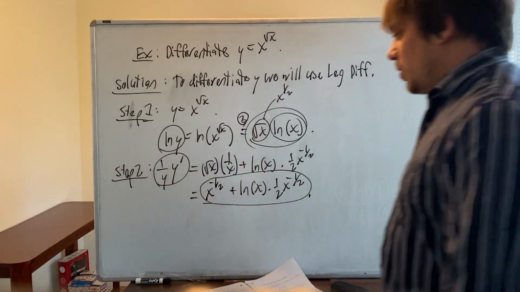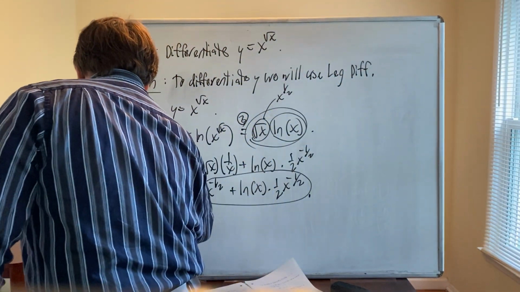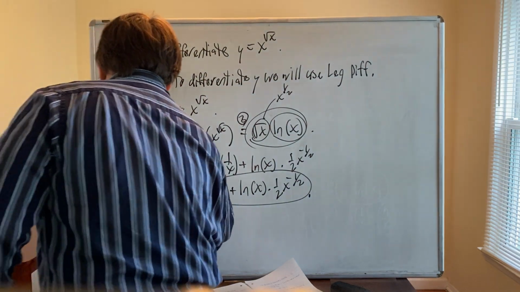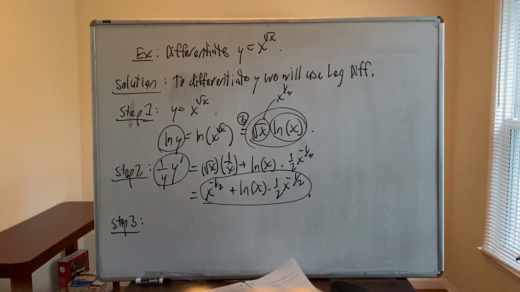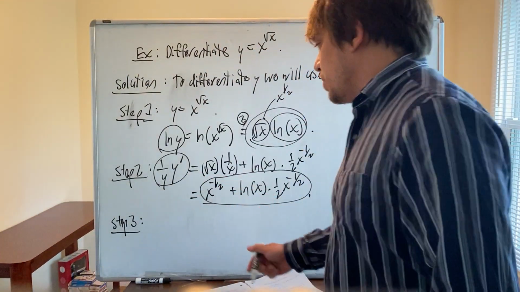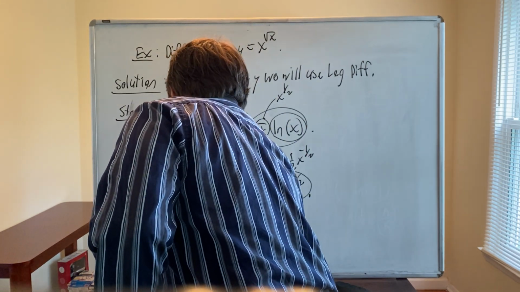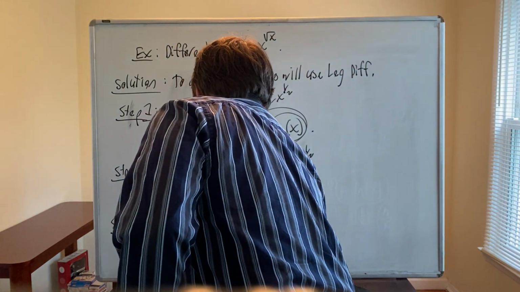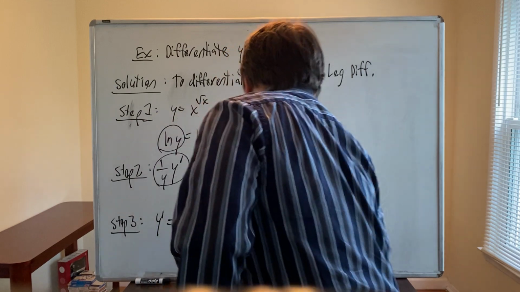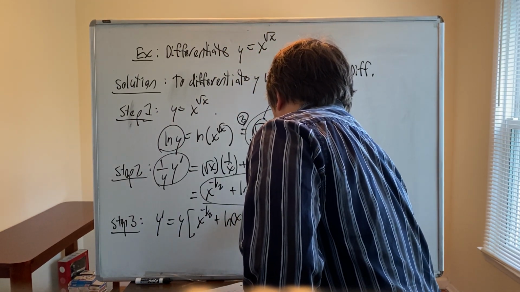Okay? And so step 3, after we differentiate both sides implicitly with respect to x, step 3 is solve for y prime. So if 1 over y times y prime is equal to this, y prime is equal to y times that. Y times x to the negative 1/2 plus ln of x times 1/2 x to the negative 1/2.